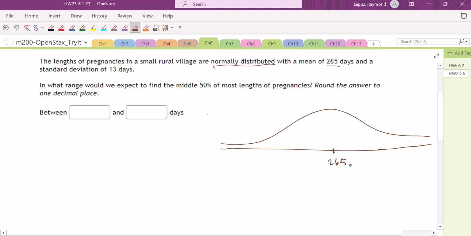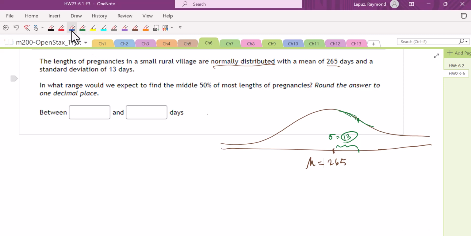It's hard to mark the 13 as a standard deviation, but graphically there is a place where the concavity changes, going from concave down to concave up, at a distance of 13 from the mean. Marking that is not really important. All we have to know is that this is our standard deviation.